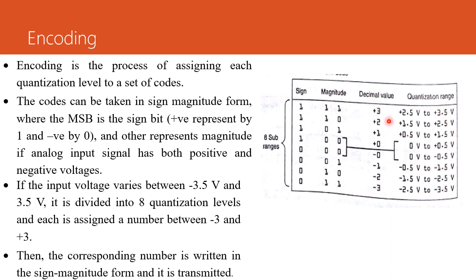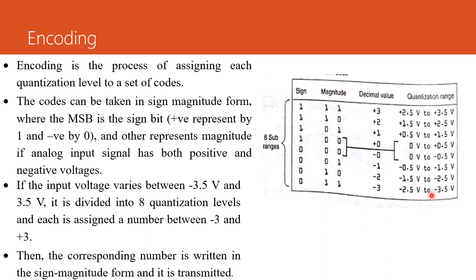So in between minus 3.5 to 3.5, we divide into 8 different quantization levels, represented as minus 3, minus 2, minus 1, minus 0, 0, plus 1, plus 2, plus 3. For a plus sign your MSB will be equal to 1. If it is negative, your MSB will be equal to 0. Then the corresponding number is written in the sign magnitude form and it is transmitted.